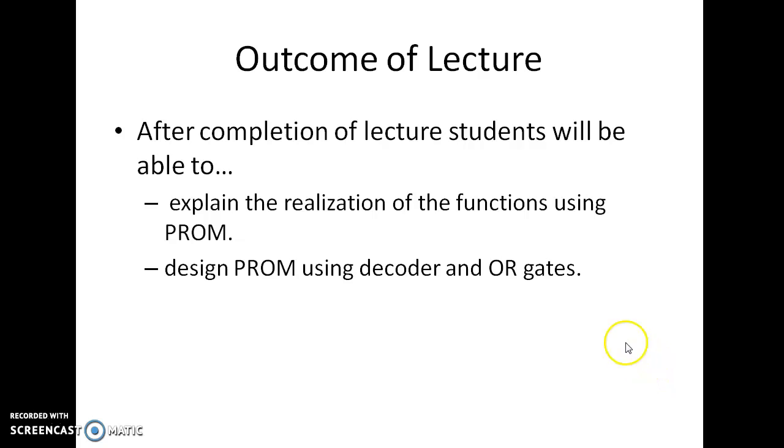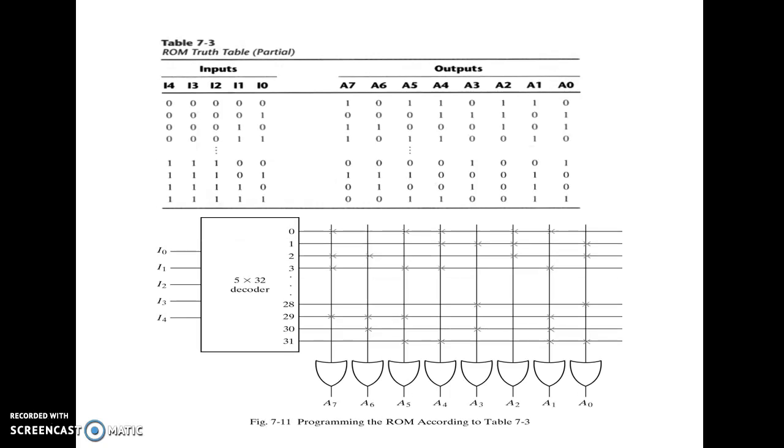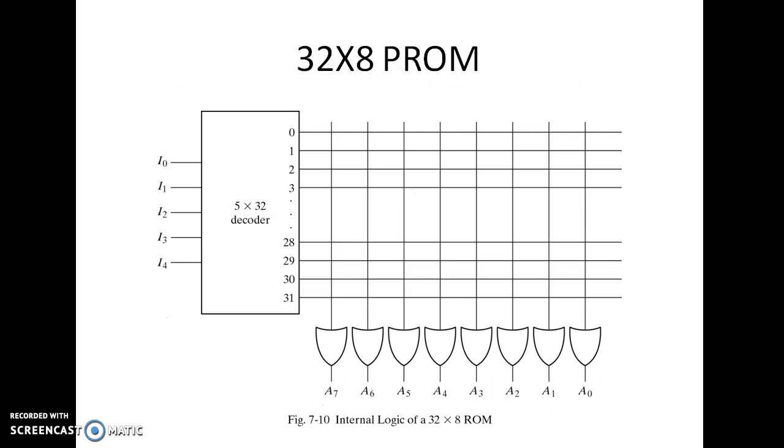And this is the outcome of the lecture. After completion of the lecture, students will be able to realize the functions using PROM, and now you can easily design a PROM using a decoder and OR gates. Right? Now going back once again, if I ask you the question, design a 16 cross 5 PROM. 16 means outputs of a decoder.